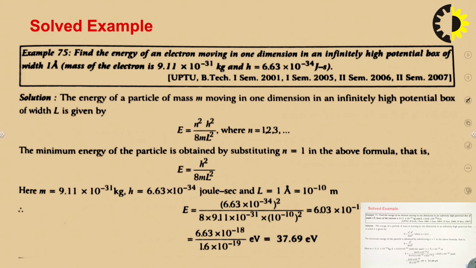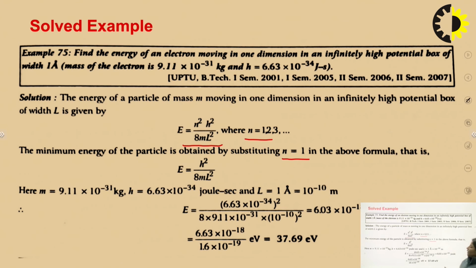The mass of the electron is given already, and Planck's constant h is also given. So we write down the expression of the energy which we have just obtained: E equals n square h square upon 8 m L square. They are asking us to find the energy of an electron moving in one dimension. We can just find it for n equals 1 because they have not mentioned any energy level.